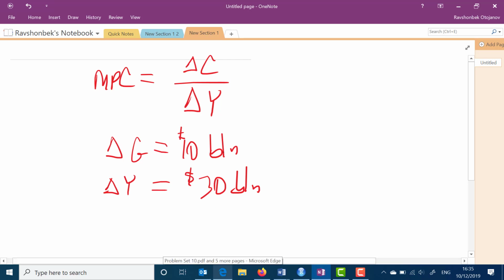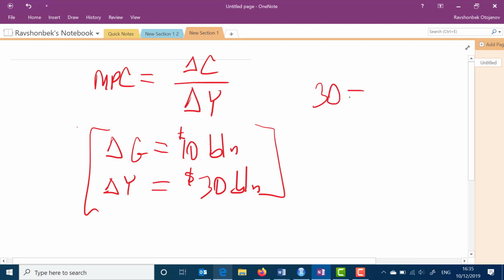Let me just have a quick look at my notes. Yeah, government spending increased and total demand, which is also income in this case, increased by 30 billion. Now, given this detail, we can work out the multiplier effect here.